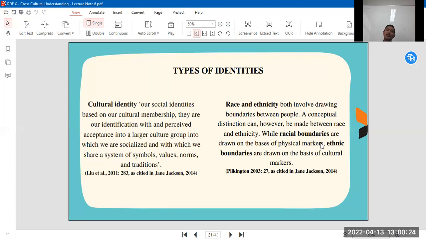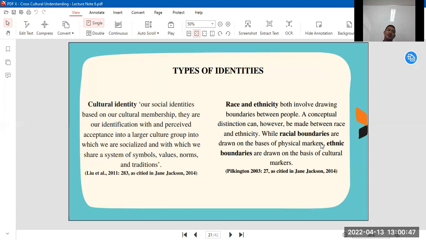Multiple elements and conditions may impact the development of one's cultural identity, for example, language, physical appearance, race, history, gender, sexuality, beliefs, and so on and so forth.